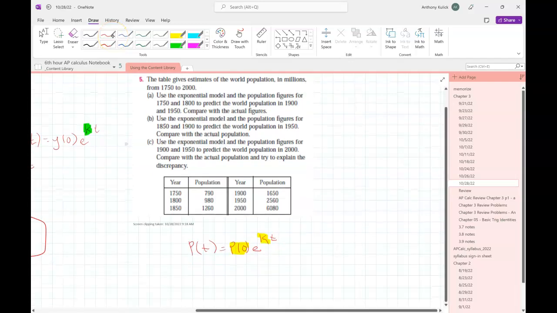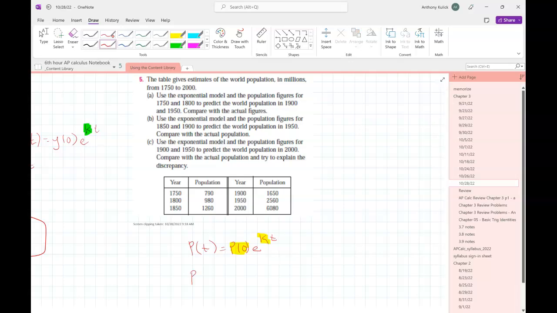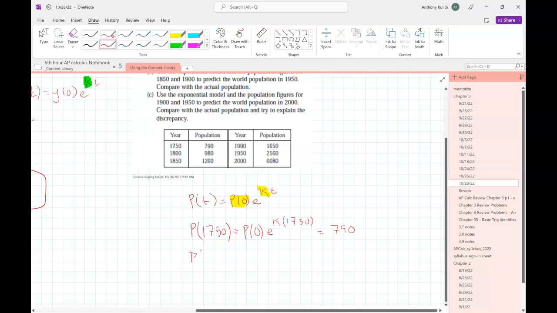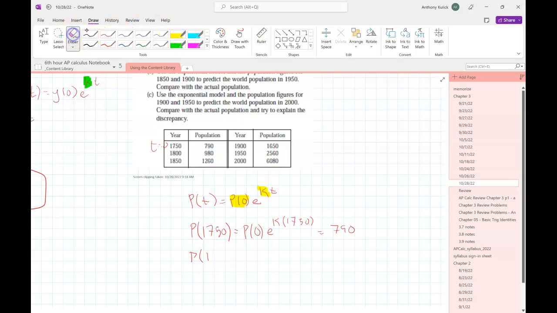So if I'm going to use 1750 and 1800, actually, let's just do this. I'm going to call this time 0. This will just simplify everything. It'll just be equivalent.